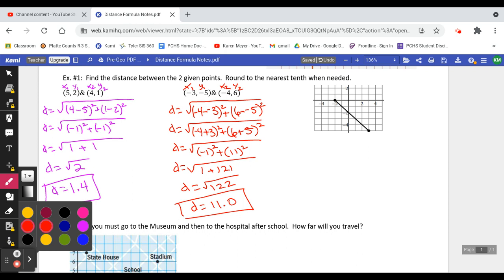Okay, pause the video and you try the third one. Hint, hint. Make sure you write the ordered pair for the starting dot and the ending dot, and then do the formula.